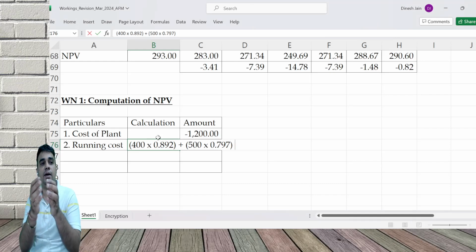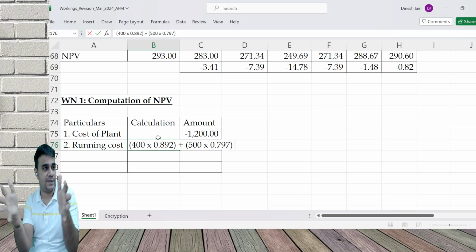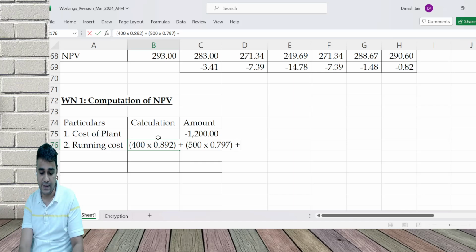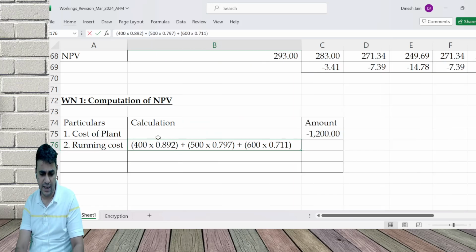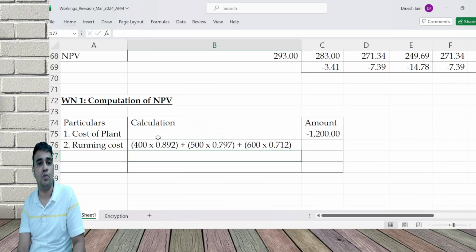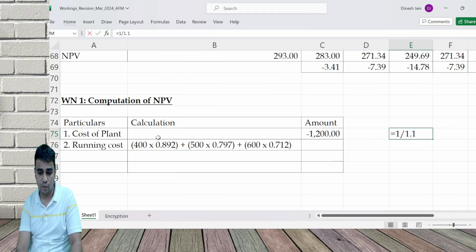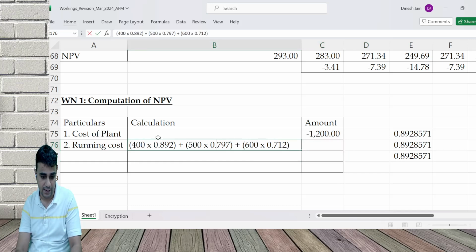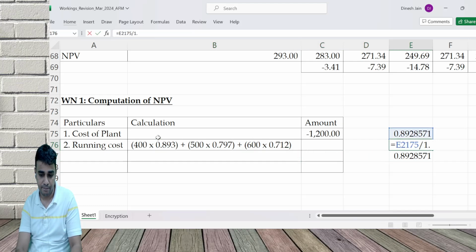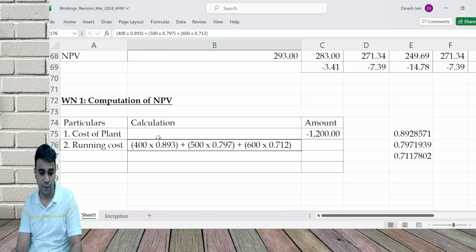Instead of doing discounting together, I'm doing separate discounting of each item, plus 600 into third year factor 0.712. Please do 3 decimals. So 1 divided by 1.12 for the first one is 0.893. Second one is 0.797. Third one is 0.712.